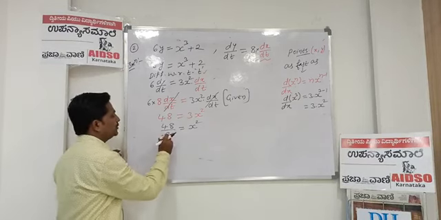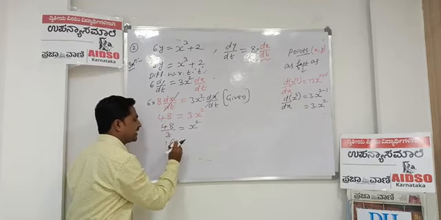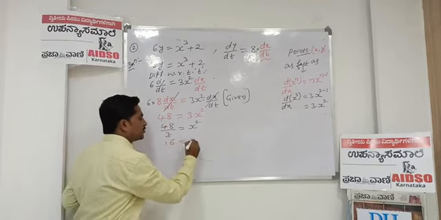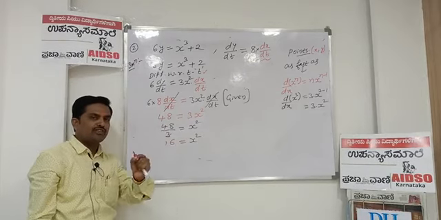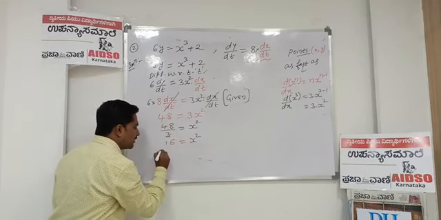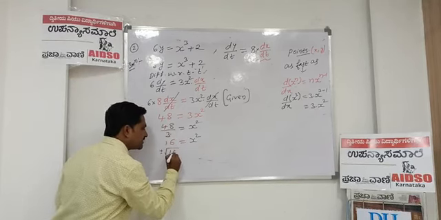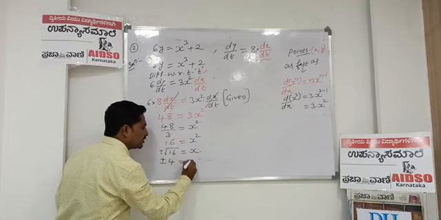On cancellation, 3 ones are 3, 3 sixteens are 48, so on the LHS we get 16 equals x square. Remove the square, and it will be x equals plus or minus the square root of 16, that is plus or minus 4.